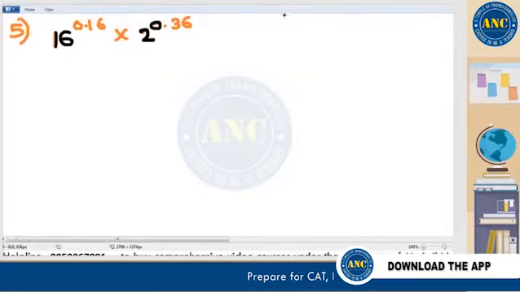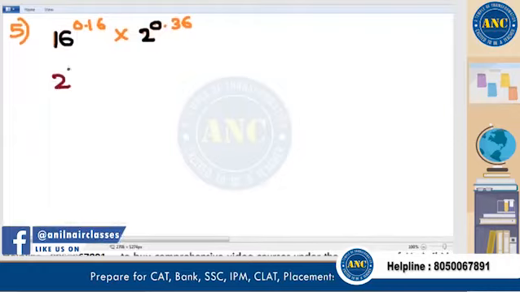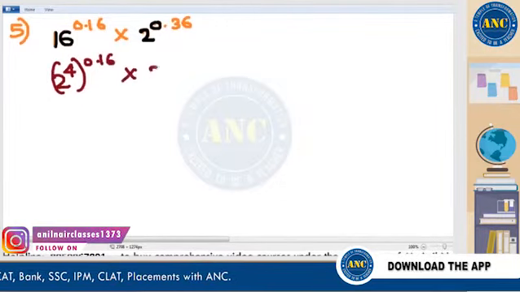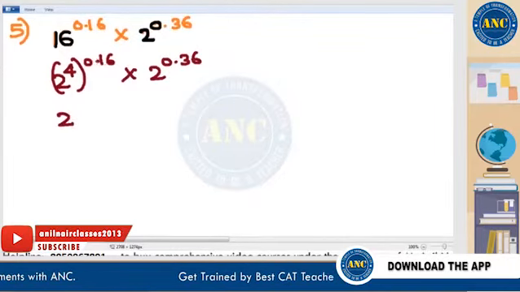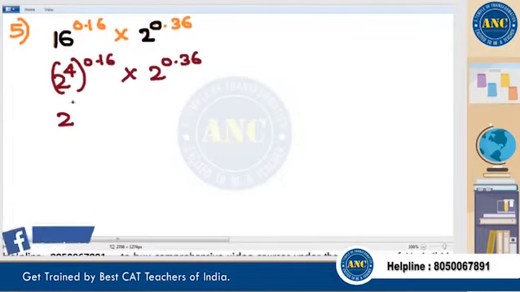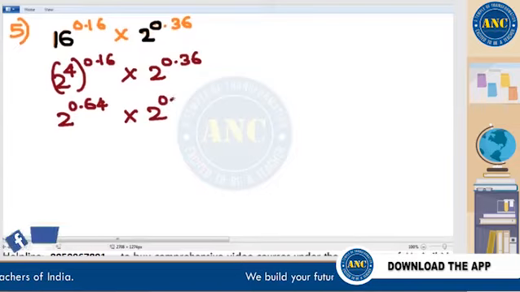Yes, 16 can be expressed as 2 power 4. So 16 is 2 power 4, whole power 0.16, into 2 power 0.36. 2 power 4 power 0.16 is 4 into 0.16, which is 0.64, into 2 power 0.36.